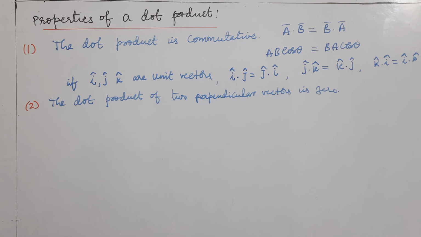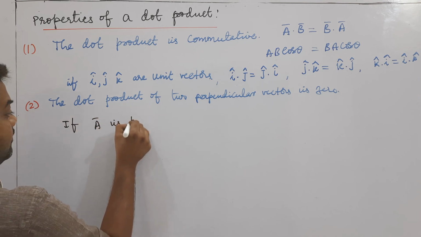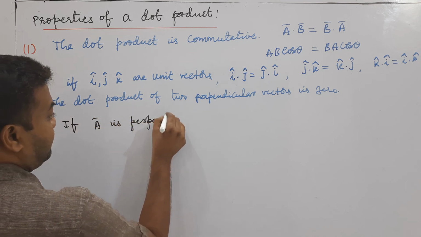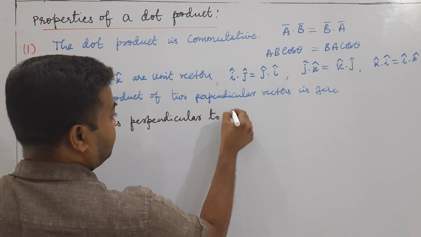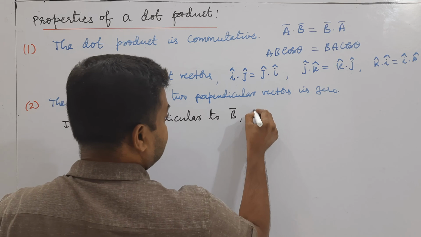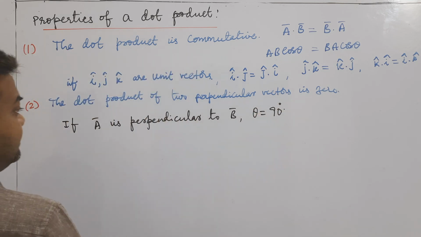Suppose a bar is perpendicular to b bar, means theta is equal to 90.